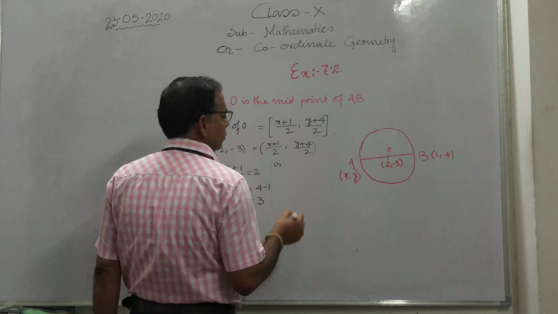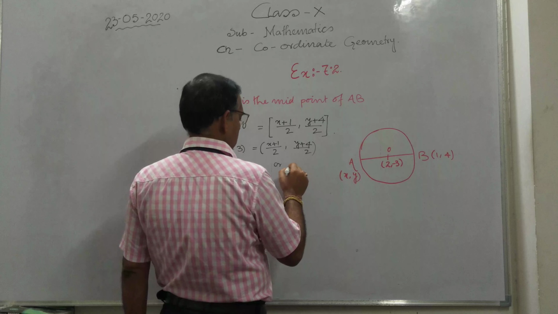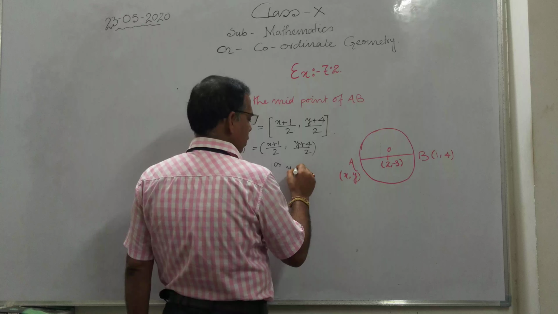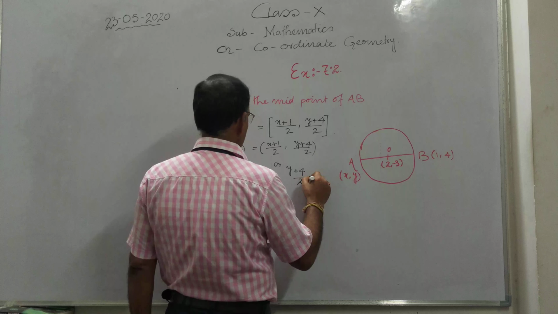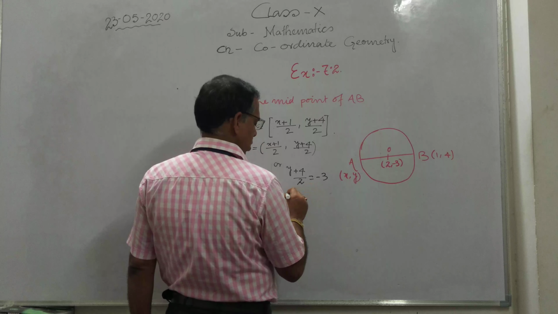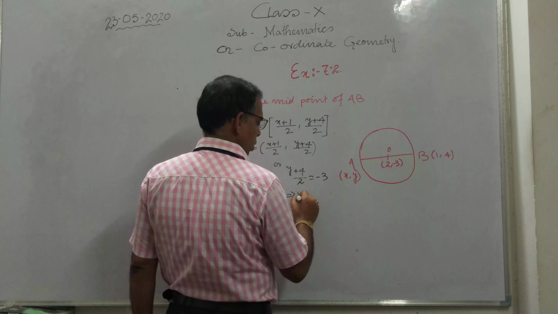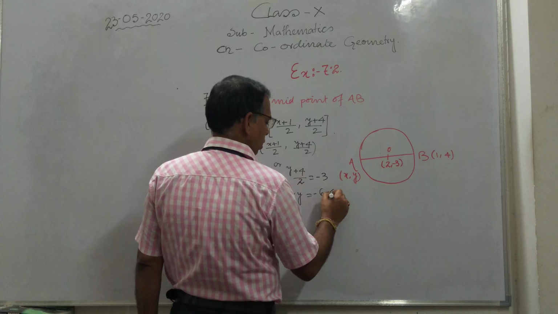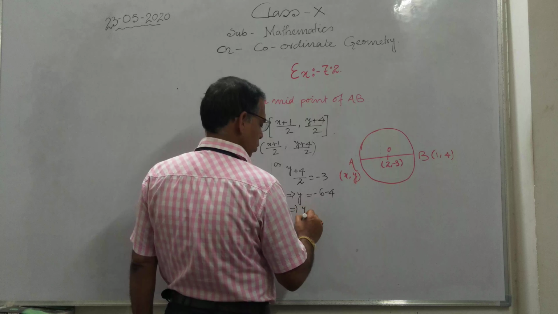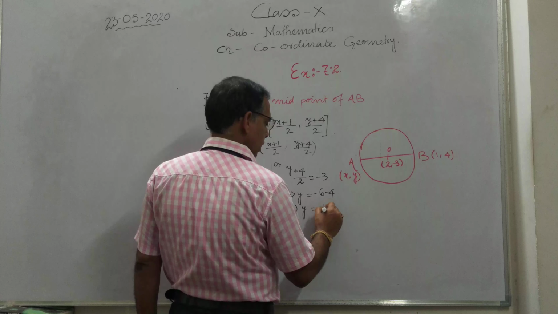Or y plus 4 divided by 2 equal to minus 3, implies y equal to minus 6 minus 4, implies y equal to minus 10.